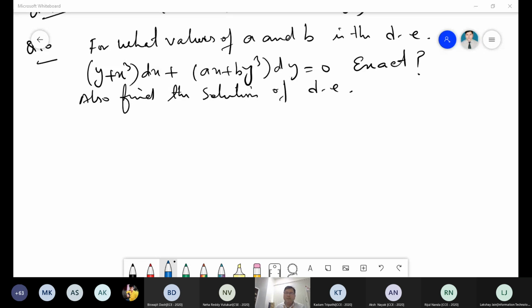That means, see, this is how it goes: in the exam we have to ask questions that create confusion for the students. So this is one of the good questions.